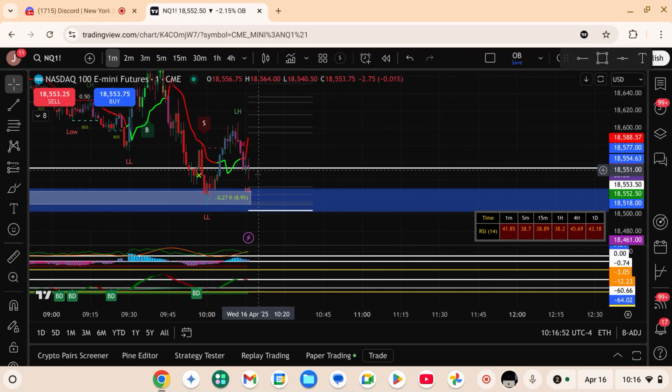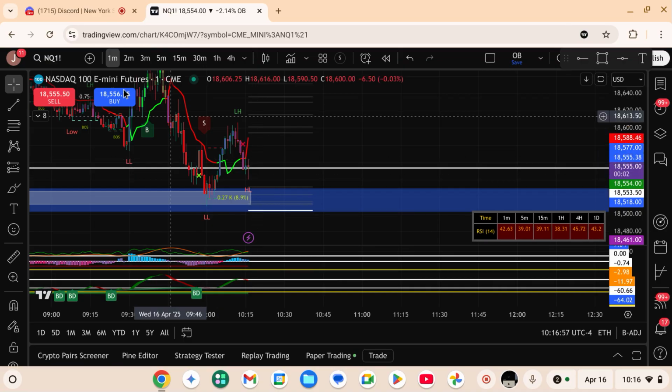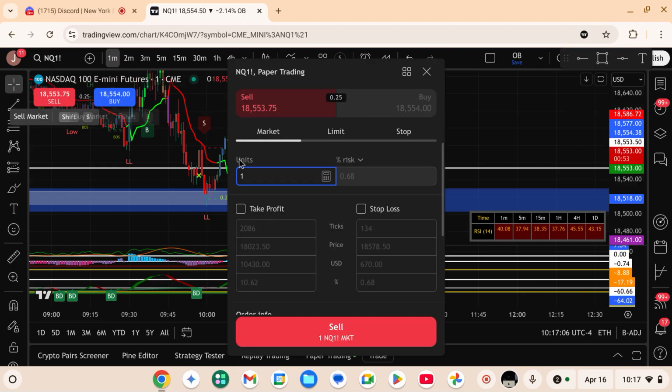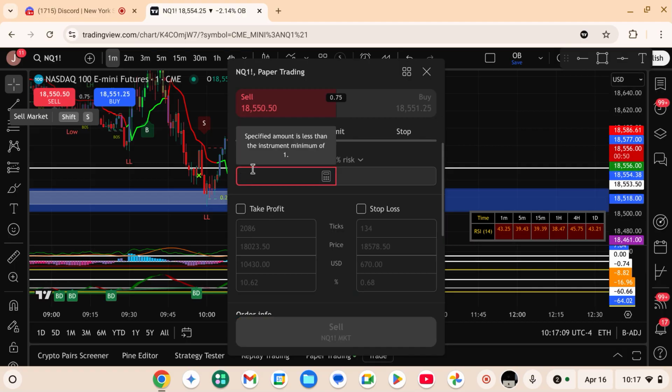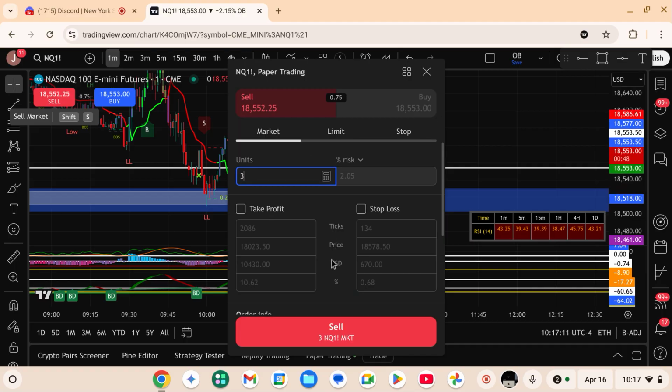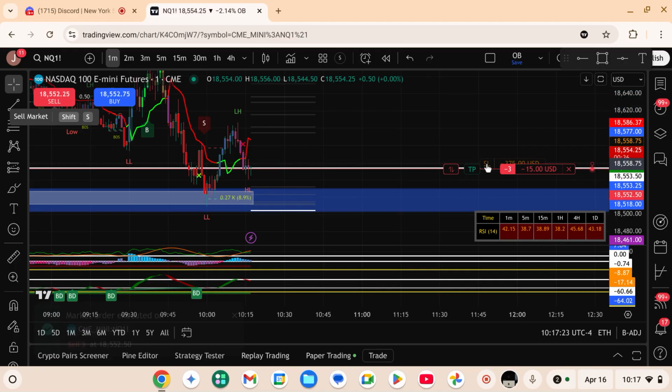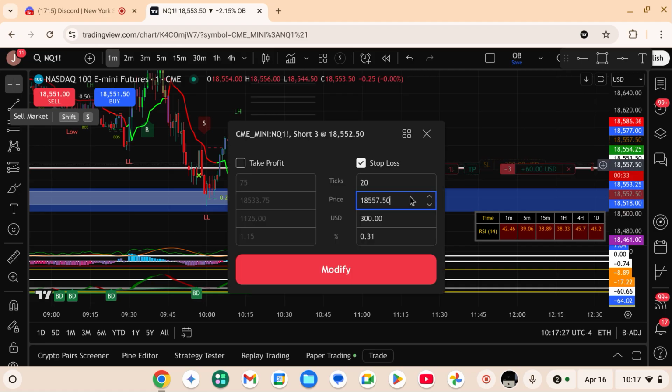I want this next one to close with most of the body below here, and then we'll take it short right there. So let's do three, and our stop would be above. Oh, that's a big stop. Let's do 300 there.